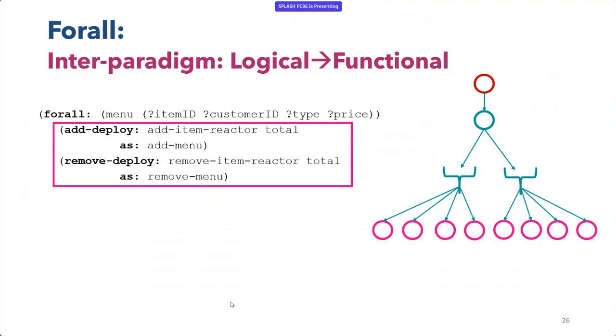As you see here, 2 reactors are deployed. This is because a logical event can be added to the system, but can also be removed from the system. And in the case of a removal, it will be propagated to a different reactor than in case of an addition. So how is this done?